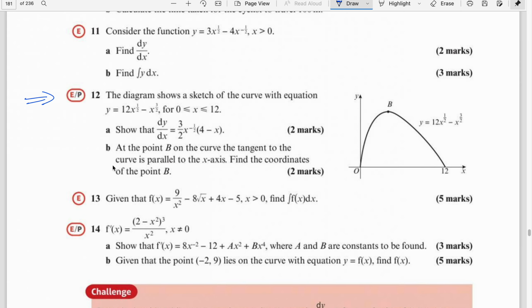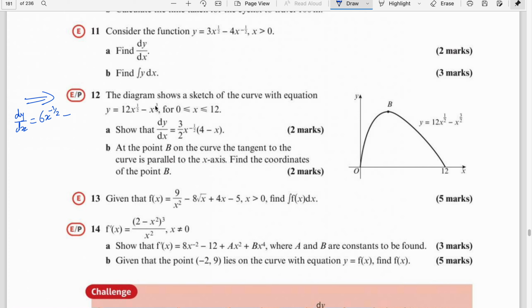Okay, question number 12 says the diagram shows a sketch of the curve with equation. Equation is given from 0 to 12. These are values of x, and the equation of the curve. Show that dy by dx is this. So let's differentiate. So dy by dx is, we bring the power down. 12 into 1 by 2 is 6, and reduce 1 from the power, that is 1 by 2, negative 1 by 2.